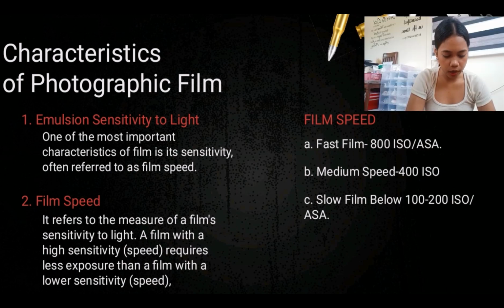Medium speed, ISO 400. ISO 400 film speed is a great all-purpose film that can be used for most situations. Photographs can be taken without the need for a high amount of lighting, and moving subjects can be photographed with ease.